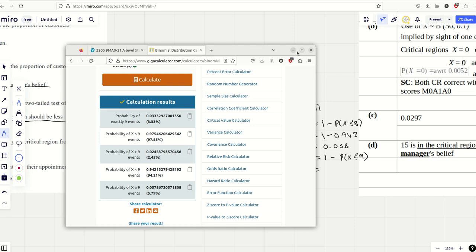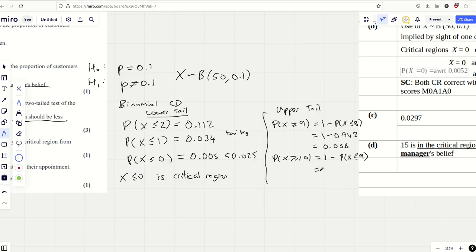So this is just under, I think. Yeah, look, 0.97546. And so that's going to give me 0.02454 basically. And that's just under 0.025, and so x is greater than or equal to 10 is critical.